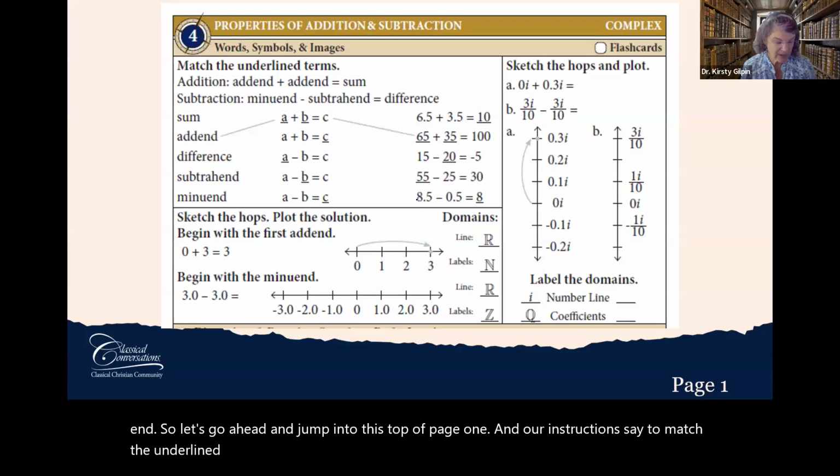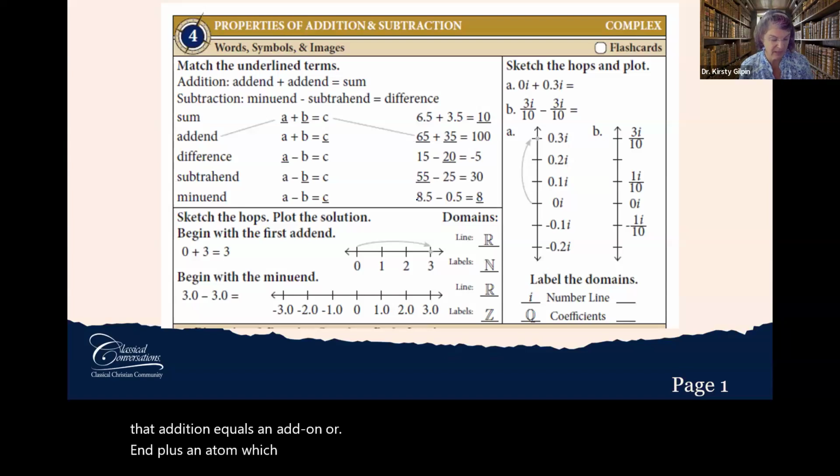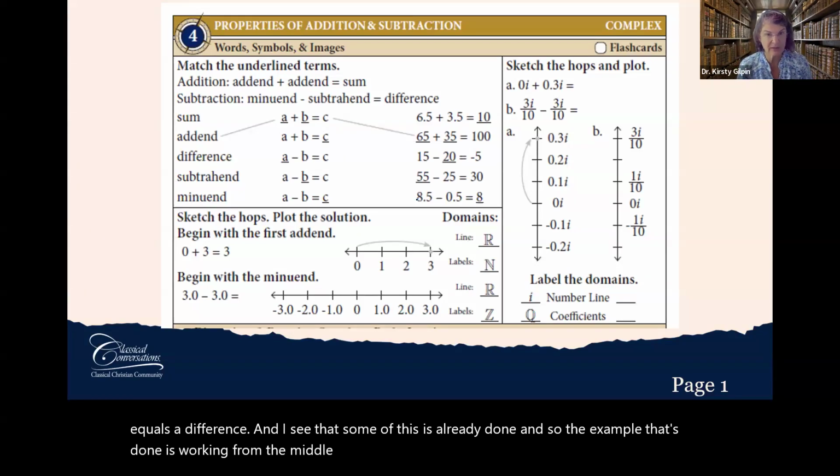First I'm going to read what's underneath. Addition is an addend plus an addend, which equals a sum. And subtraction is a minuend minus a subtrahend that equals a difference. I see that some of this is already done. The example that's done works from the middle column top down, so I'm going to work that same way.